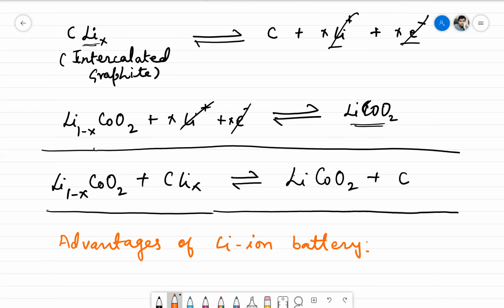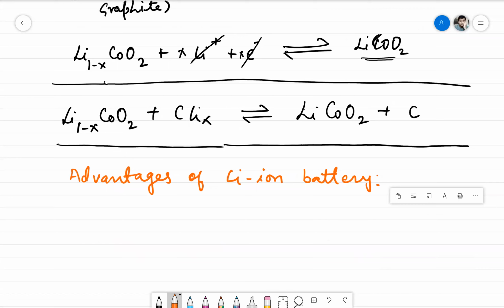Lithium ion batteries give very high voltage, and they are lightweight, so they are easy to transport, and they are also smaller in size. The main disadvantage of lithium ion batteries is that they become very heated during use, and there is also a risk of fire.